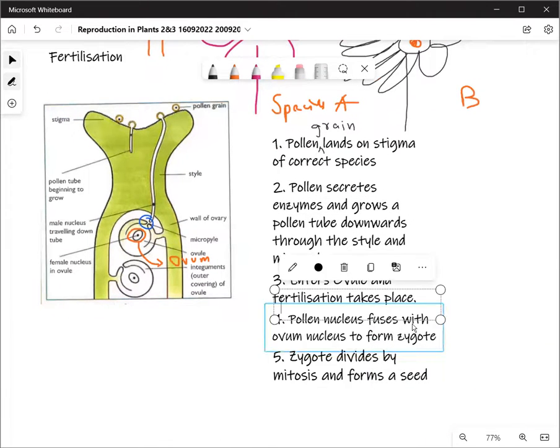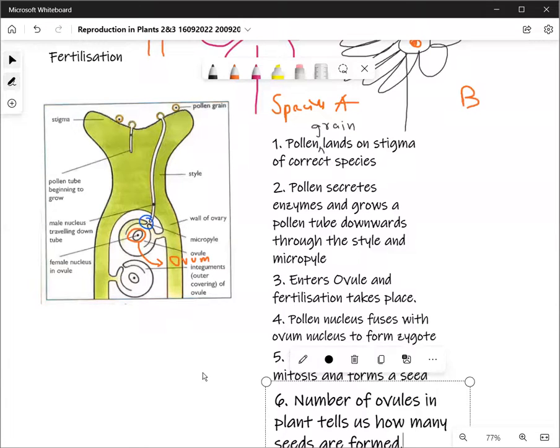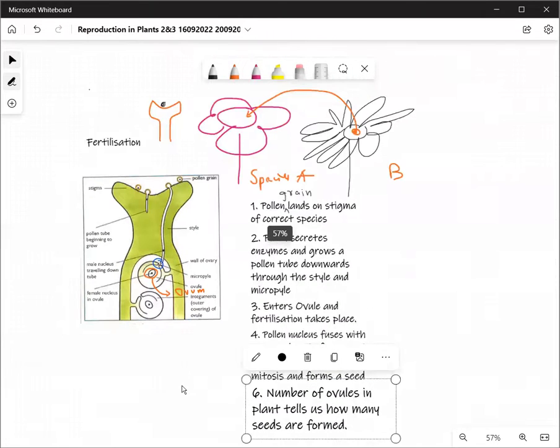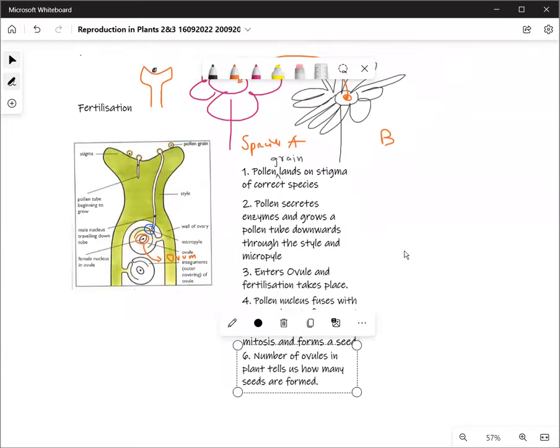Now, one more thing: the number of ovules in a plant tells us how many seeds are formed. Done. So the more the ovules, the more seeds are formed. That means wind pollinated flowers have a lot more ovules than insect pollinated flowers.